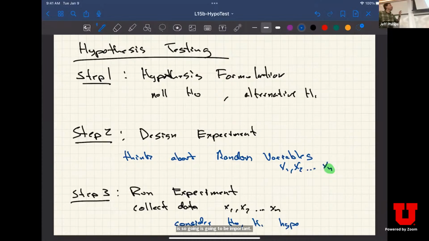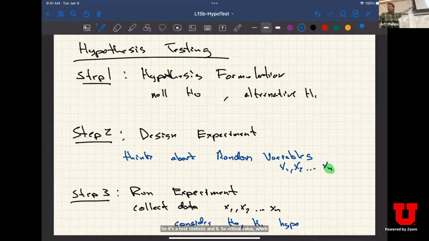Okay, so in order to do this, I'm going to need to fill in some details about these steps. We're going to find things like a test statistic and a critical value, which are going to come in step 2.